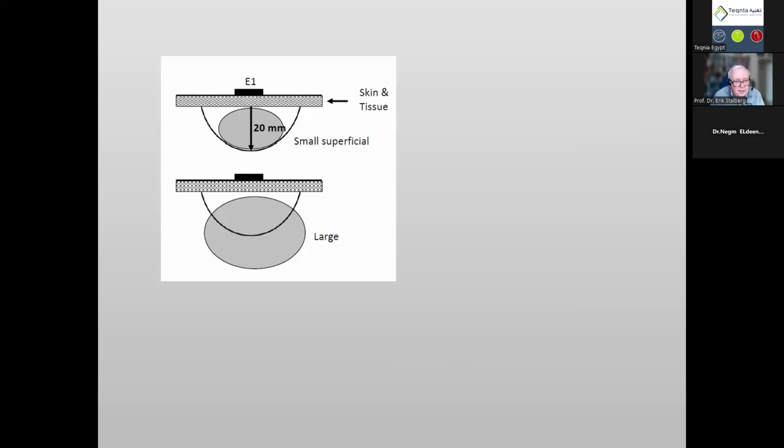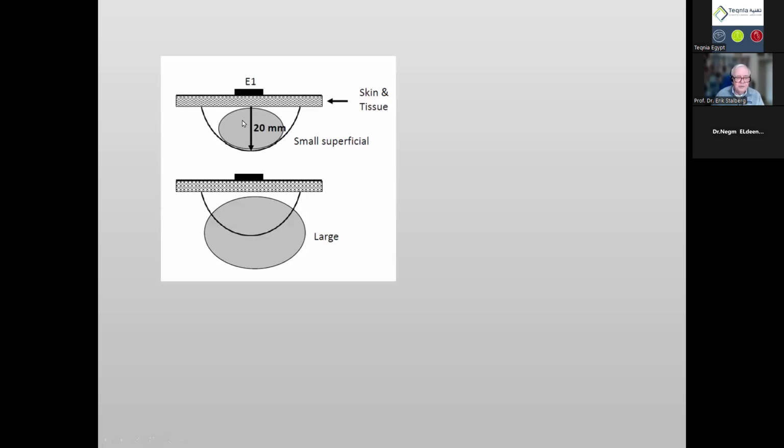Here is a new thinking that we just published a short time ago. Here is the recording when we do the nerve conduction study with the surface electrode here. And the surface electrode cannot hear very deep. We can hear about 2 centimeters of the muscle.